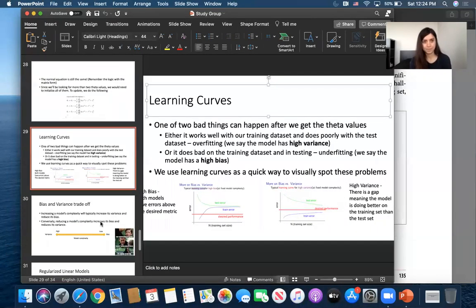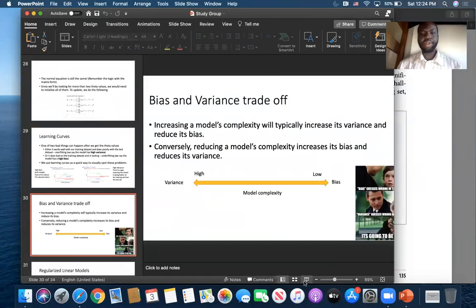Yes. And then with that, he also talks about the bias-variance trade-off.